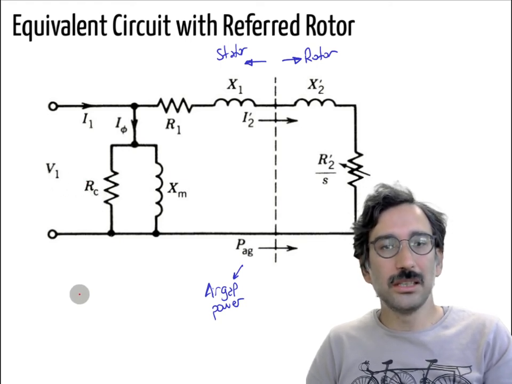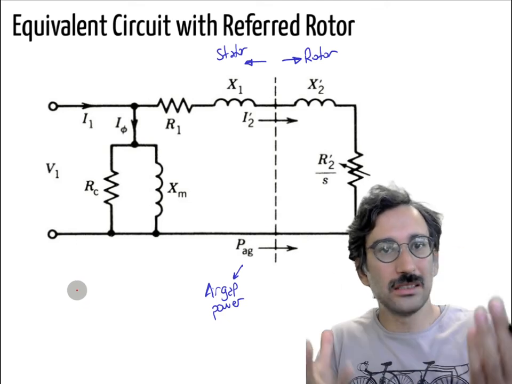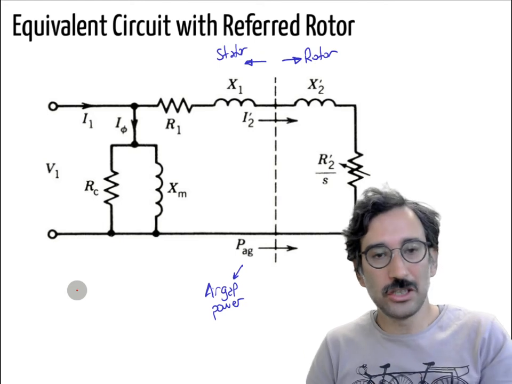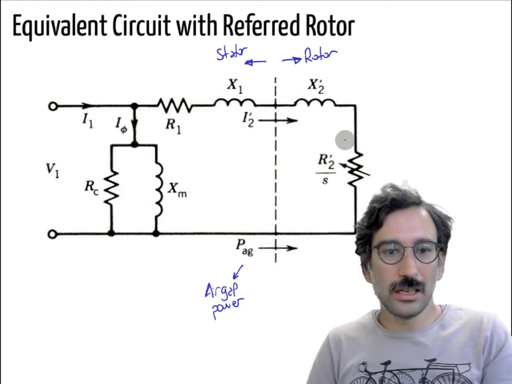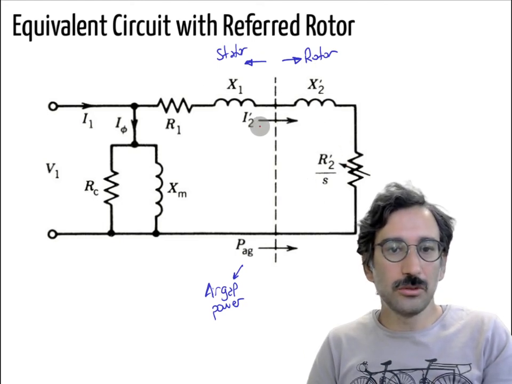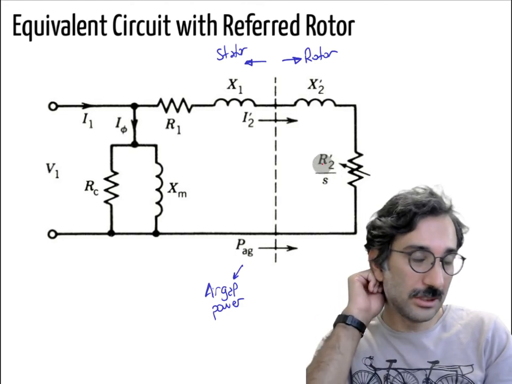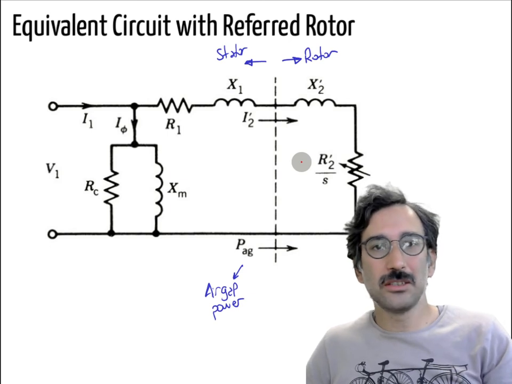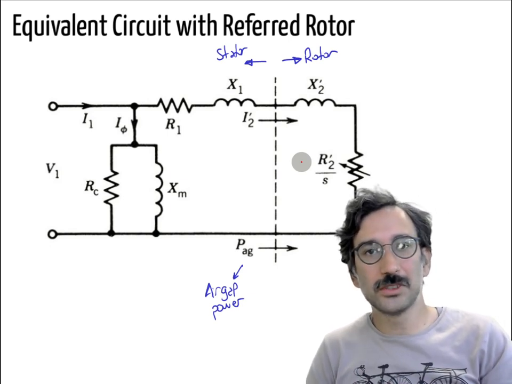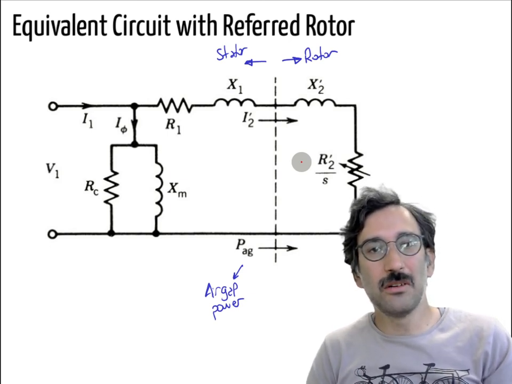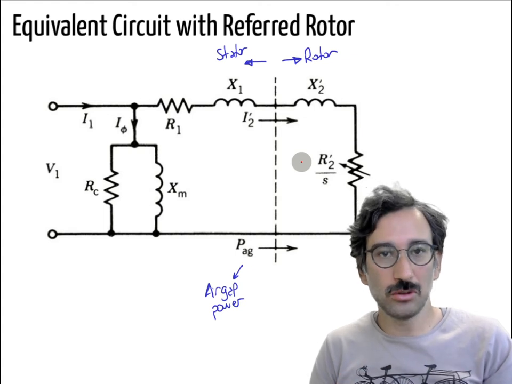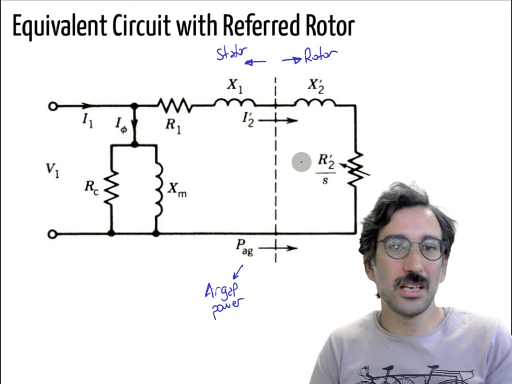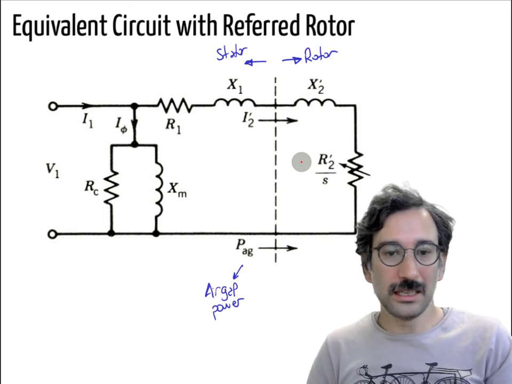These will be the core losses, the loss component that heats the core material in the machine. And you can calculate I2 prime squared times R2 prime divided by S, and we will see some of that power heating the rotor bars, but some of that power is also transferred to the mechanical system.